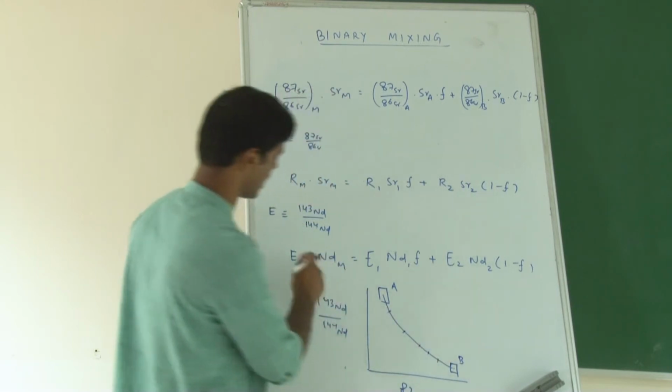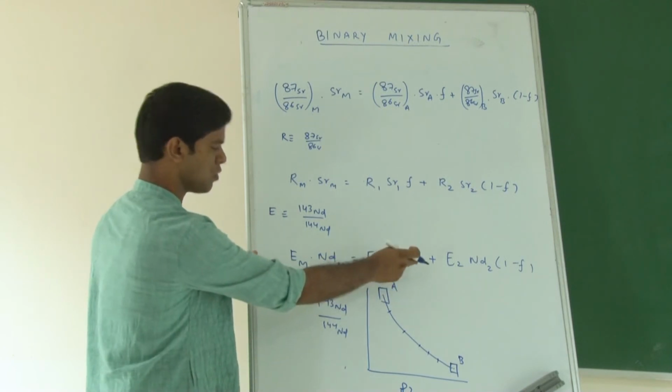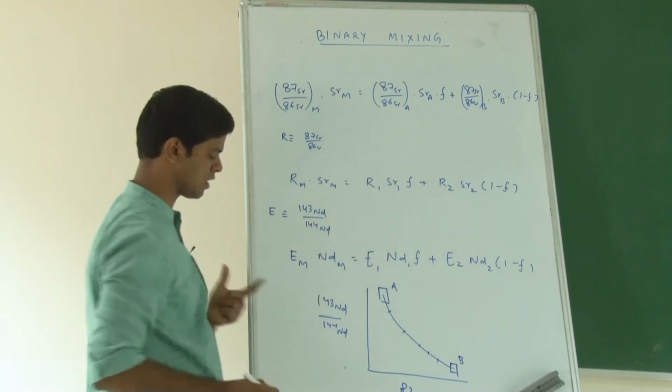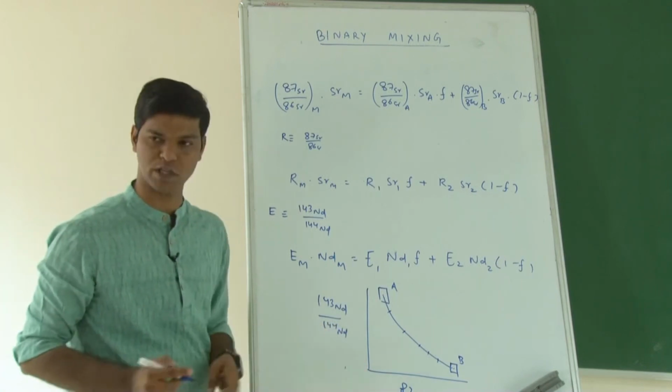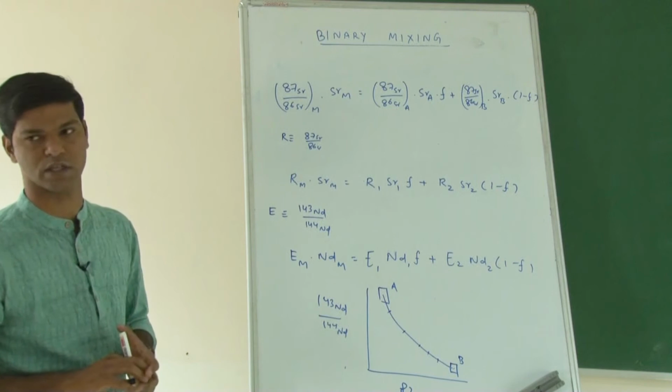I want you to derive this. You can find an expression for F in this equation, put it in here, and you will see that these two isotope ratios and their mixing is expected to follow a hyperbolic trend.